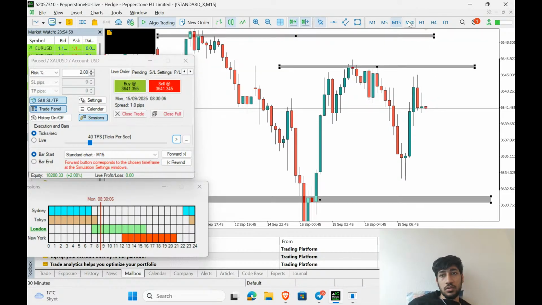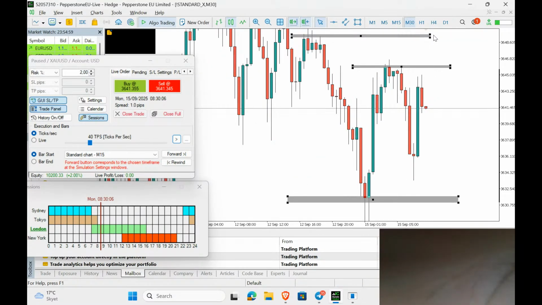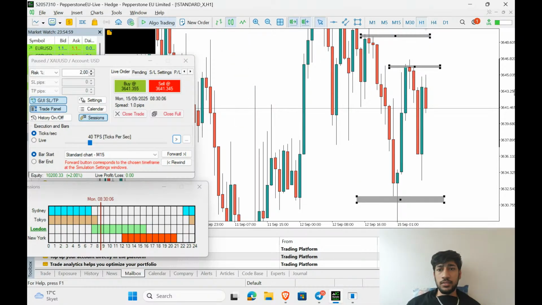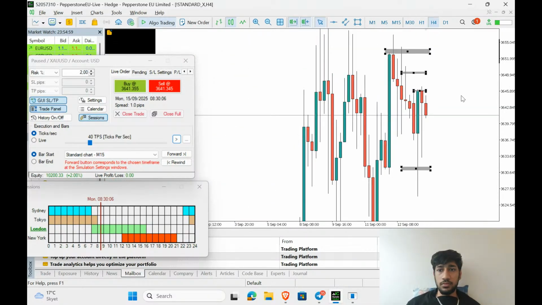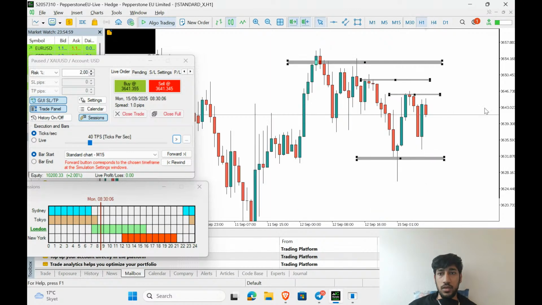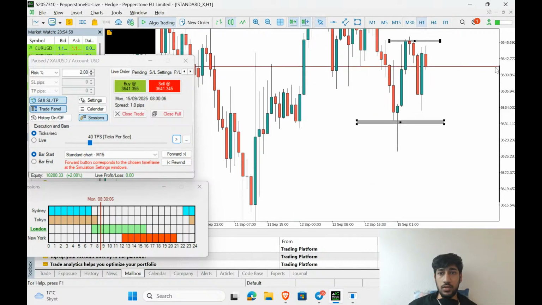So look, M30 formed resistance, right? We have a weak to fill on H4, daily. Just look at the low.